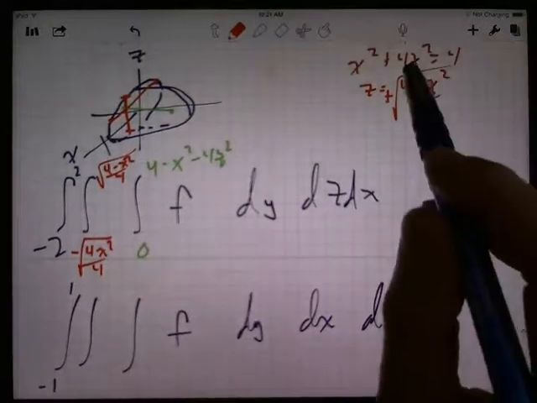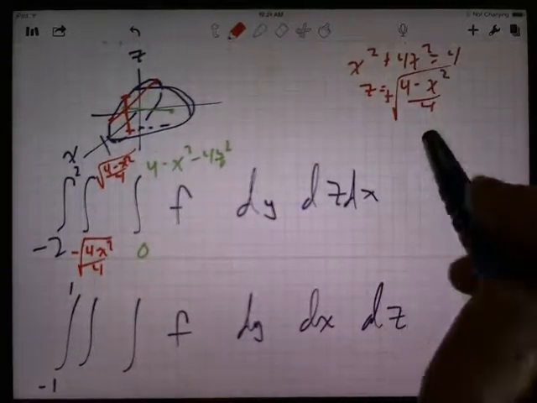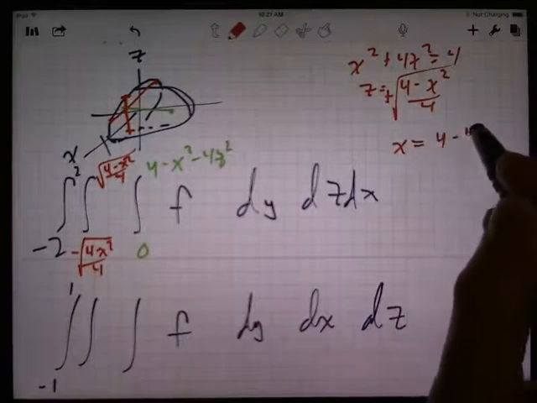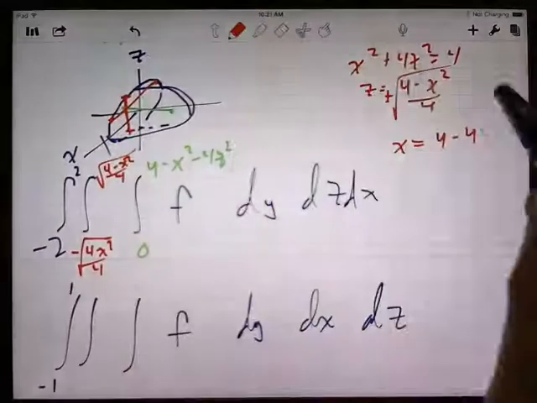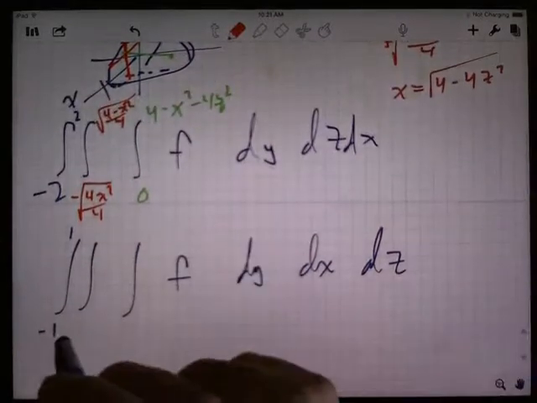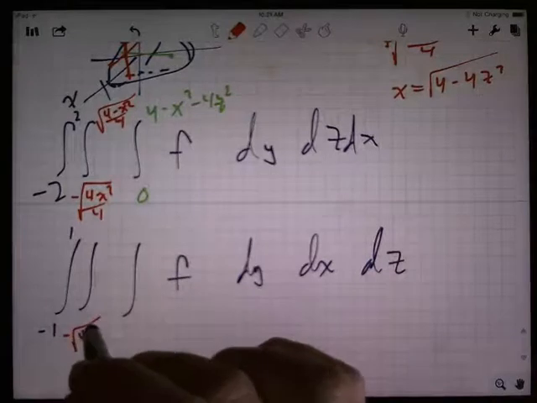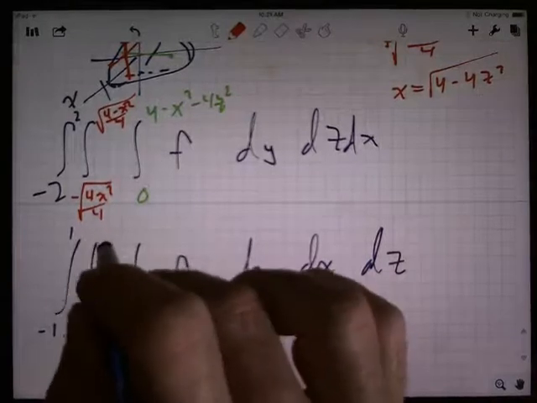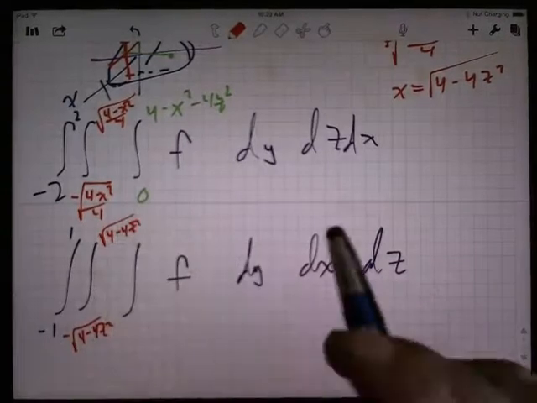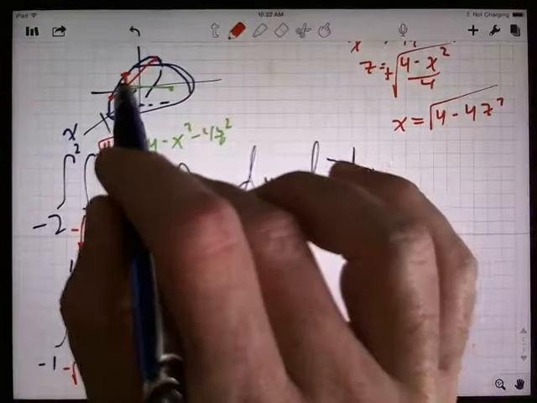So that's this equation again, but solve for x. So x is equal to the square root of 4 minus 4z squared. So I'm going from minus the square root of 4 minus 4z squared to plus the square root of 4 minus 4z squared. Right?